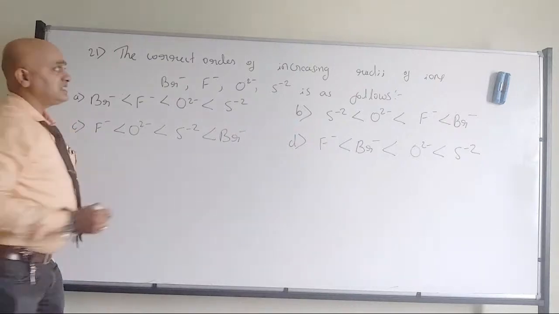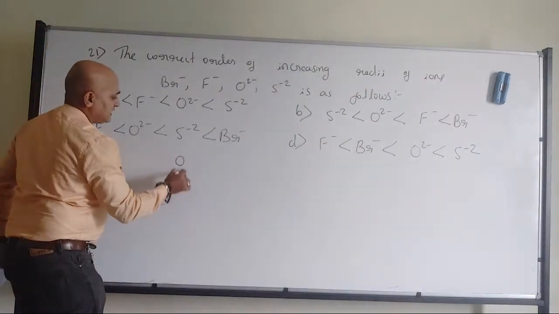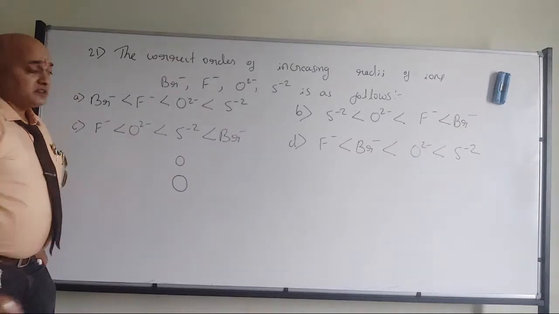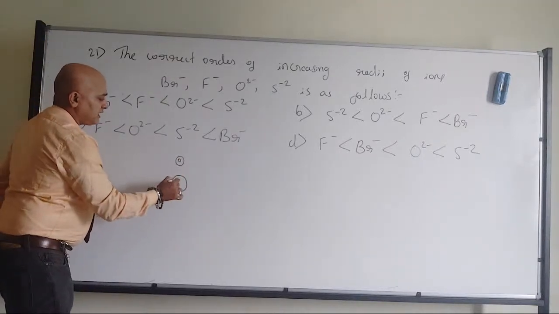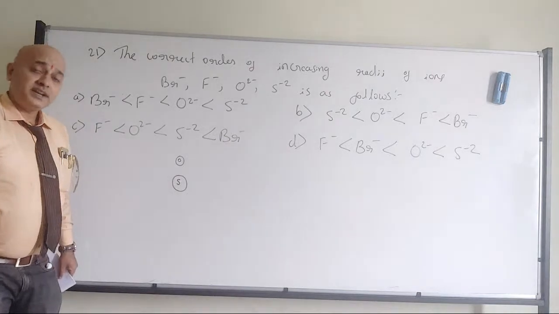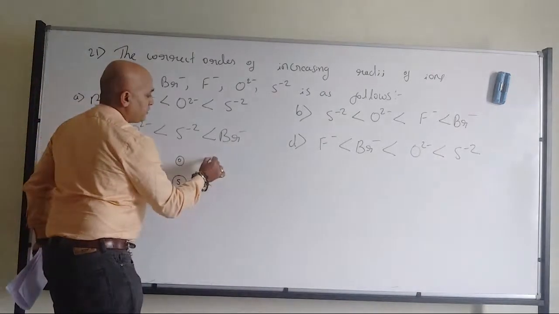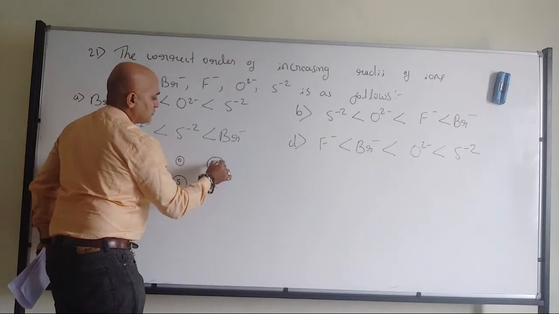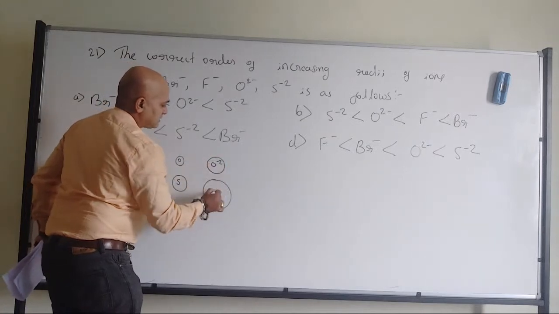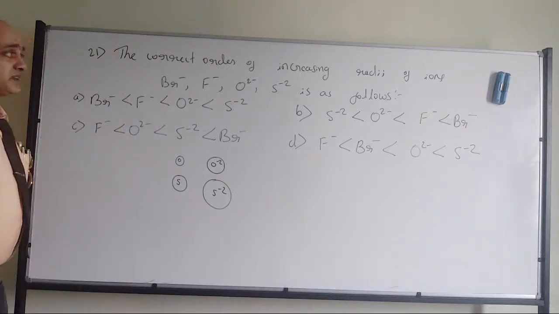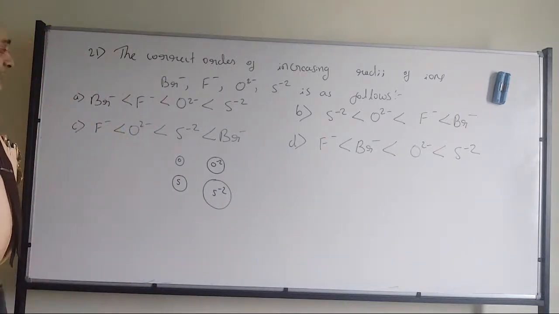Among these two, oxygen is here and sulfur is here in group 16, so already they have a difference in their atomic size. Now I am talking about O minus 2 and S minus 2. Fine? So naturally, this is where we have the arrangement.